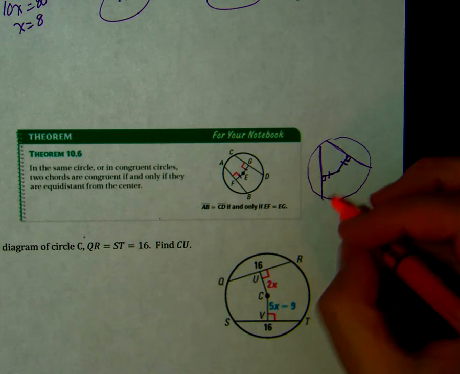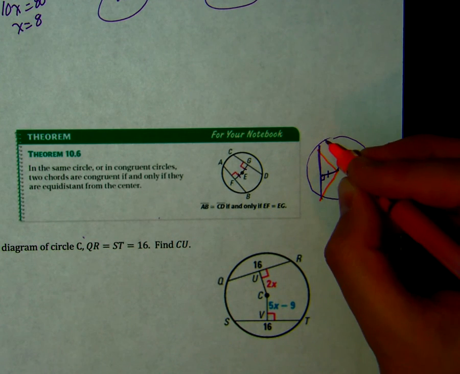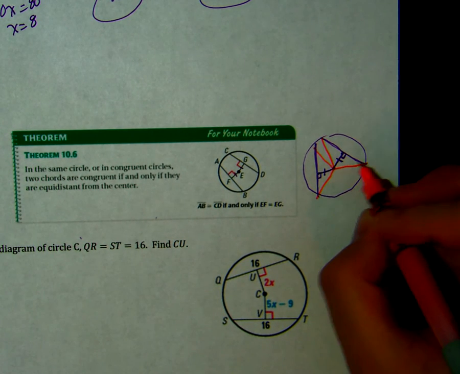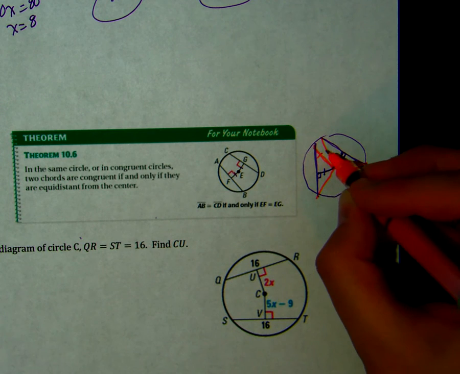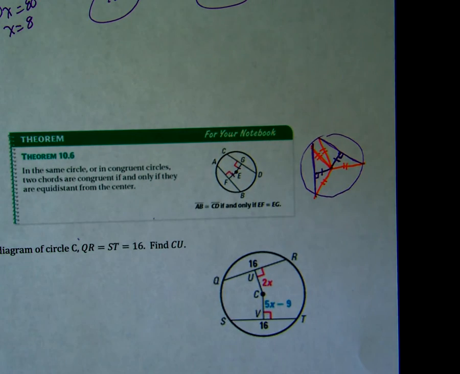And it should come as no surprise that, for the 100th time, I'm just going to draw in the radii, right? So what you have then is, don't look at the isosceles triangles again. Look at the right triangles.